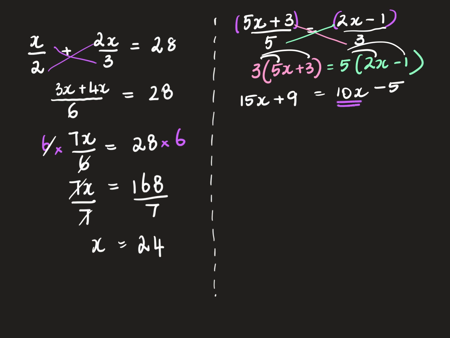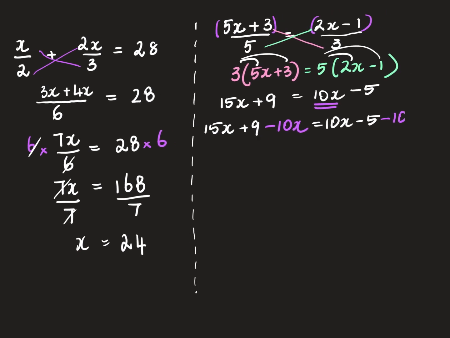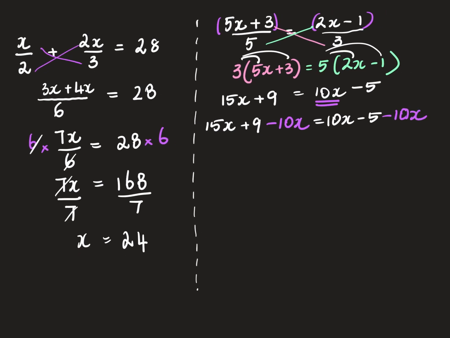This 10x is causing us trouble. What do we want to do? We want to take it off both sides. Take away 10x. Okay, here we've got 15x, take away 10x.